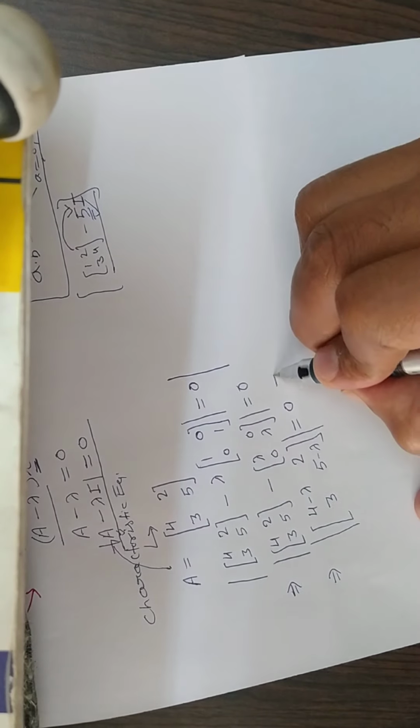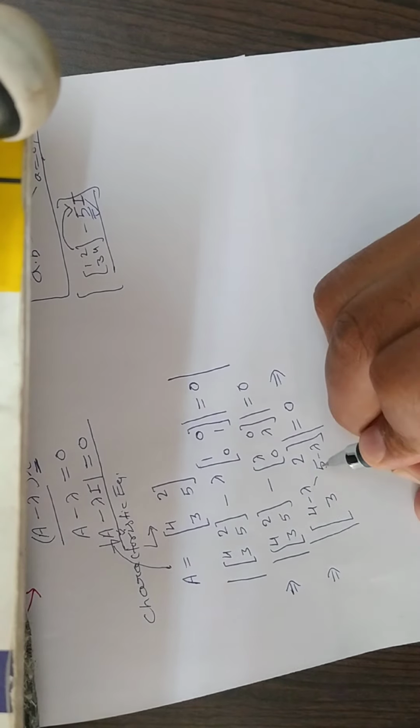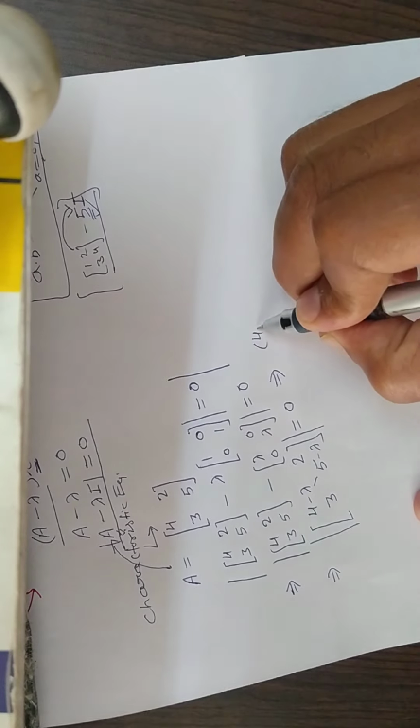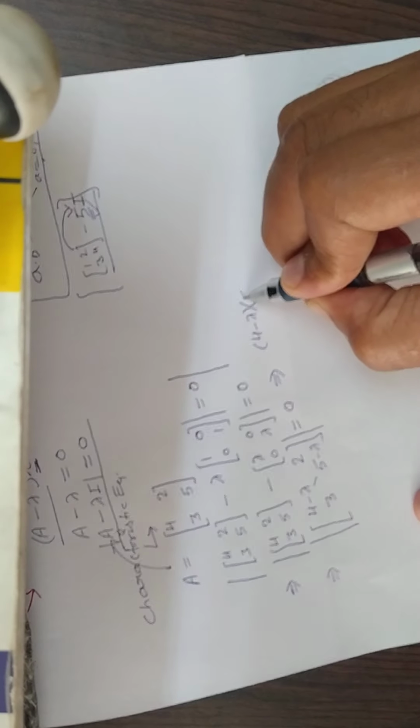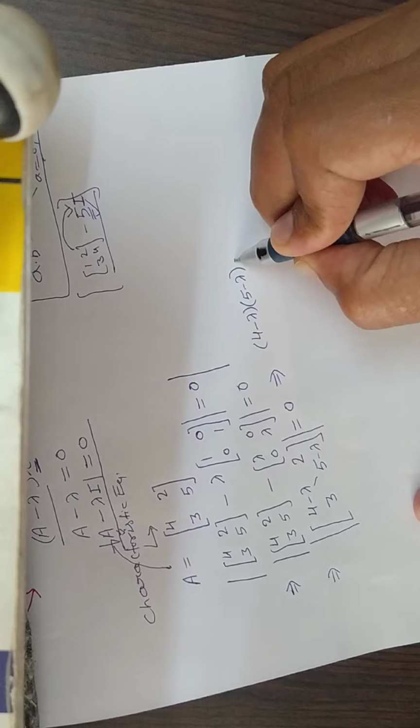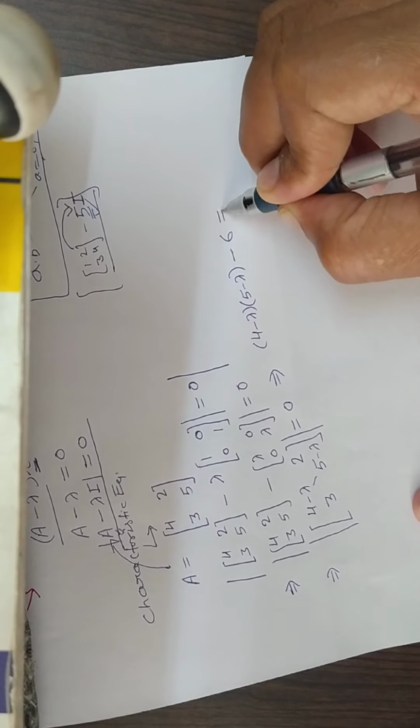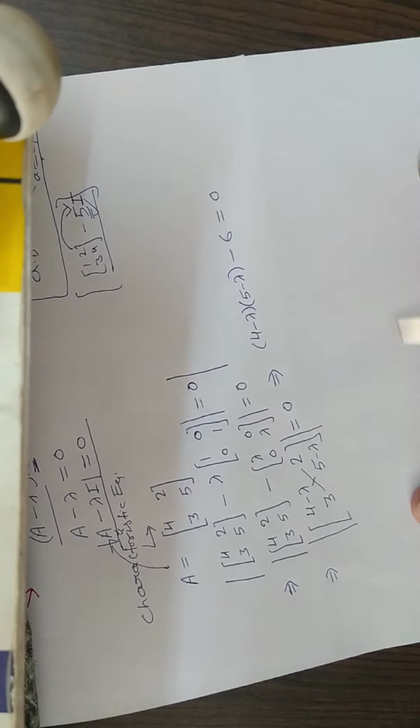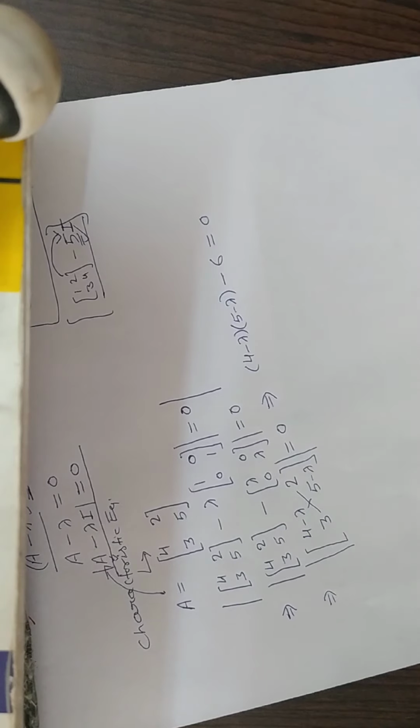Now find the determinant of this matrix. We multiply 4 minus lambda with 5 minus lambda, and minus 6, it is equal to 0. Students, you can learn the properties of the determinant in my previous video lectures.